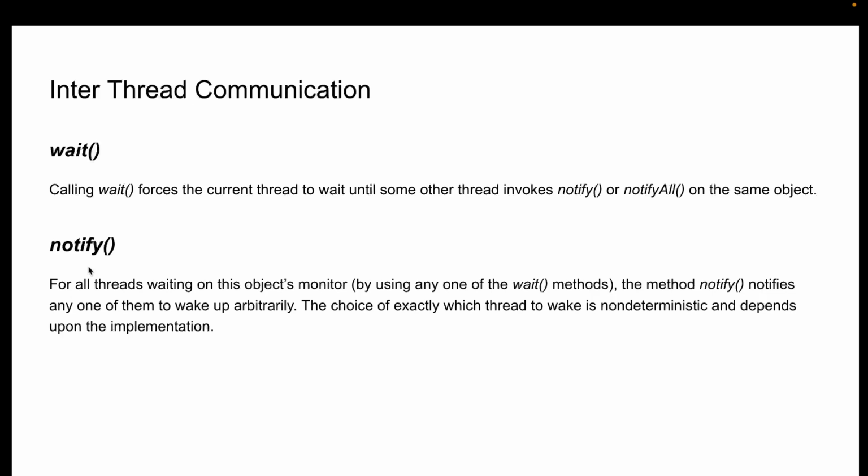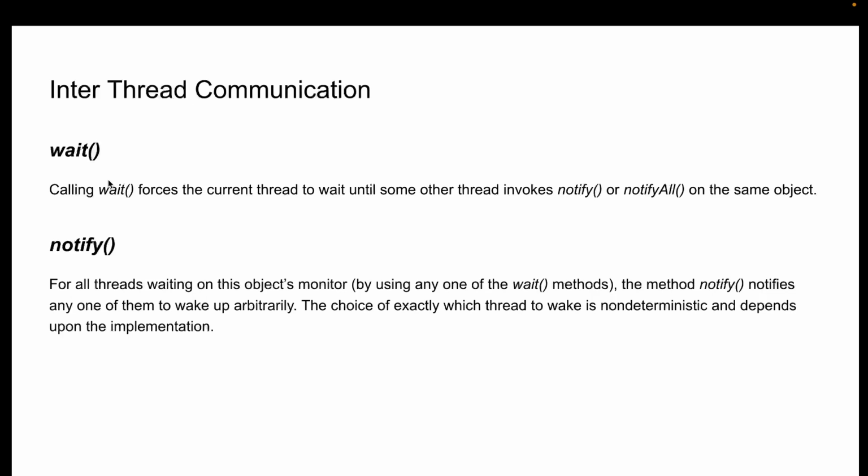Once this thread is notifying, T1 will get a communication that okay, now I can resume because T2 has completed its operation. So the T1 thread which was in a waiting state will again come into picture and resume its work.